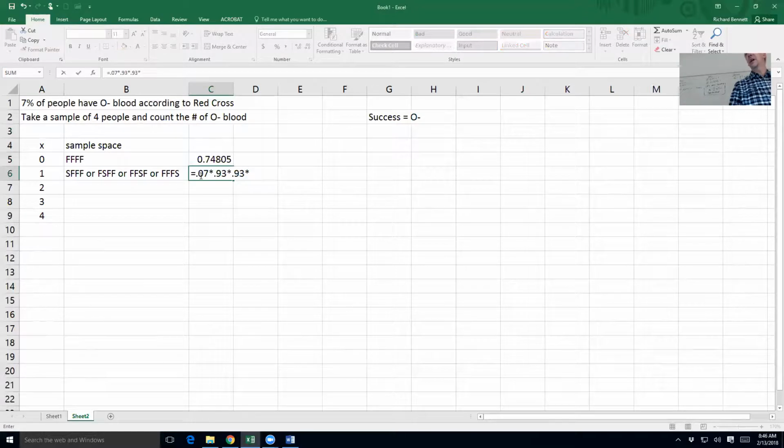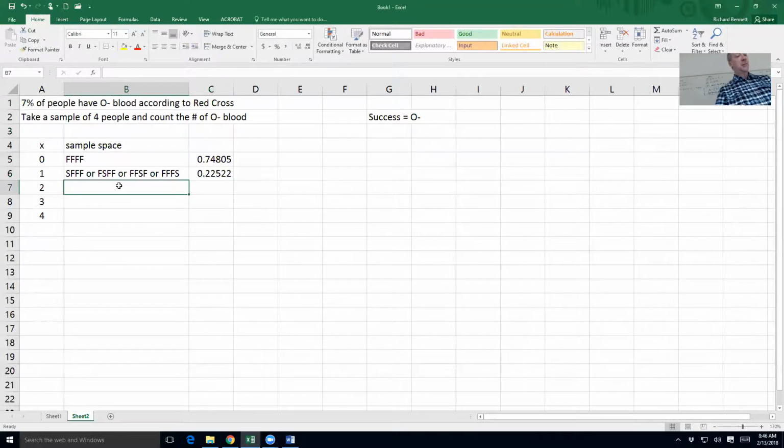Failure on the fourth try, 0.93. Now, does the order really matter? Okay, but it could happen 4 different ways, right? So can you see that I could multiply that by 4? Because it doesn't really matter where I put the success in option 1, 2, 3, or 4, but there's 4 ways to get it, right? Okay, so that works out to be 0.22522.